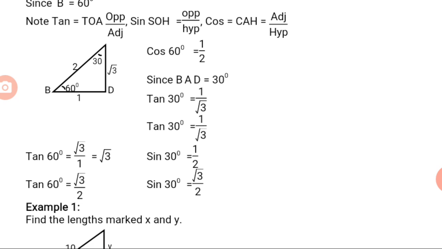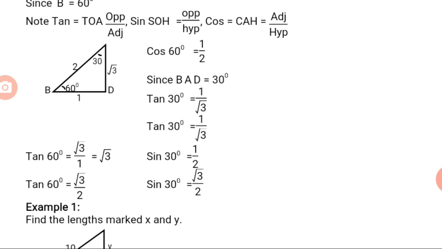Now, the side that is opposite to angle 60 degrees is root 3 over the hypotenuse. The hypotenuse is what? Is 2. Therefore, sine 60 degrees is root 3 over 2. It's not tan 60 degrees. Is that clear? This is a typographical error. Are we together? Can we move forward?